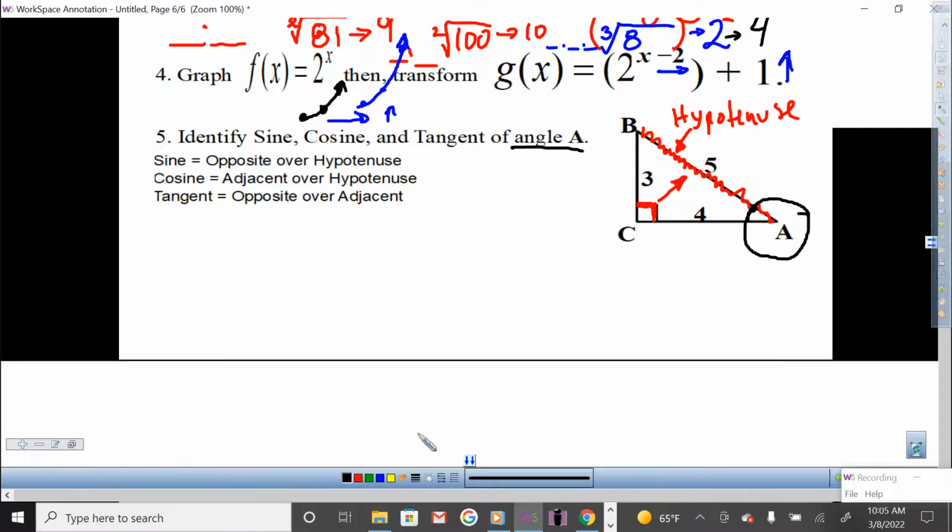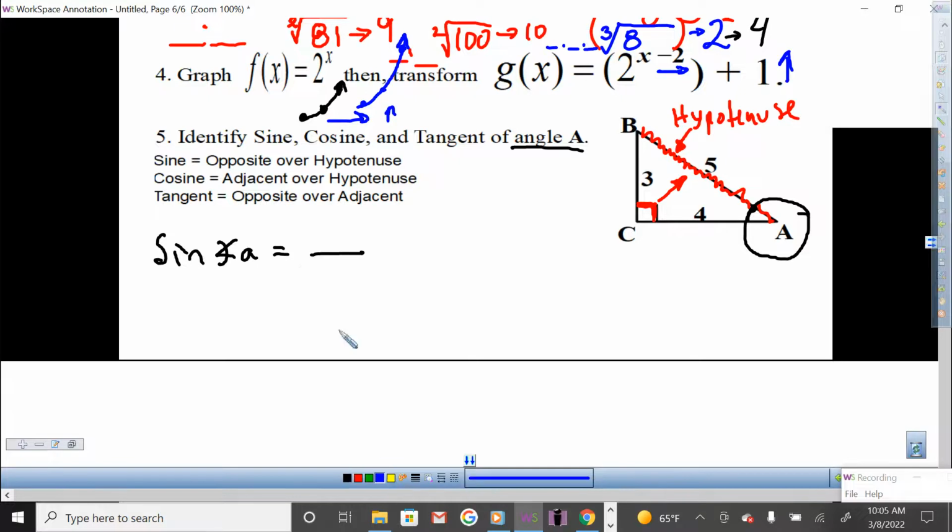So let's begin. They want us to find sine. So you write sine equals fraction. So let's see the instructions. Sine of angle A. All right, so let's see.